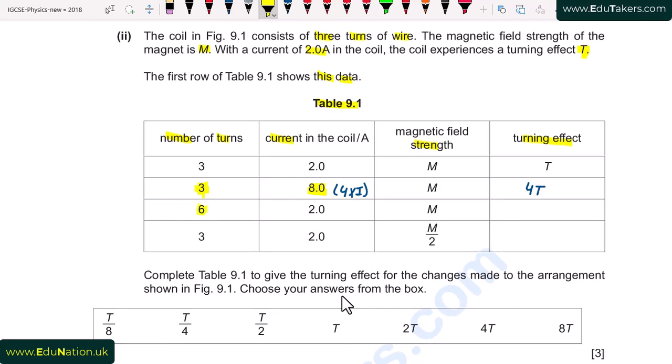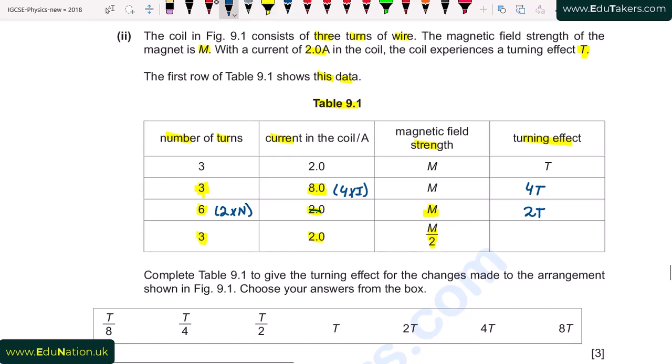Here number of turns is 6, which means that we have doubled the number of turns, and the current and magnetic field strength remain the same, so the turning effect will be double because the number of turns is doubled. So I write here 2T. And in the last case, number of turns is again 3 and current is 2 ampere, but here the magnetic field strength is half.